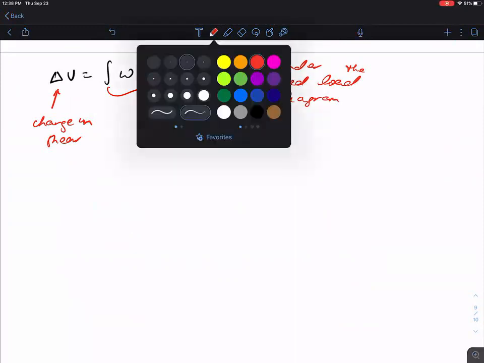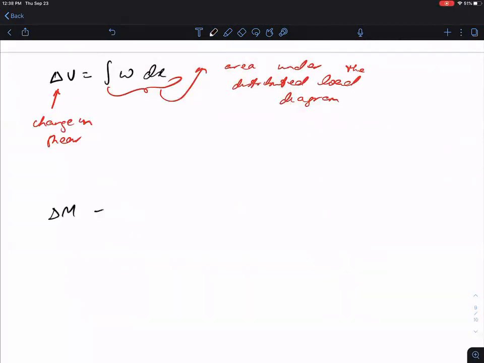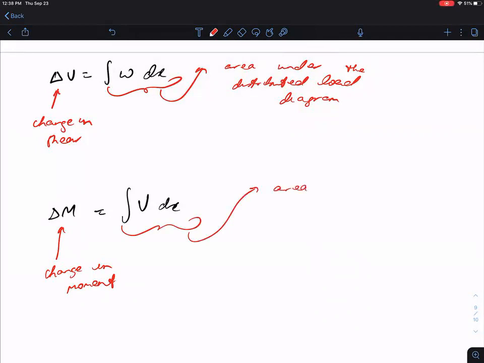If we do the same for the other equation, we get this expression, which says that the change in moment between two points is equal to the area under the shear diagram between the same two points.